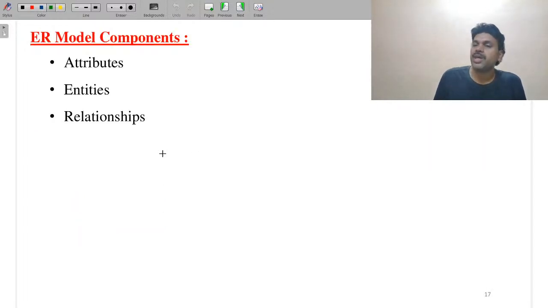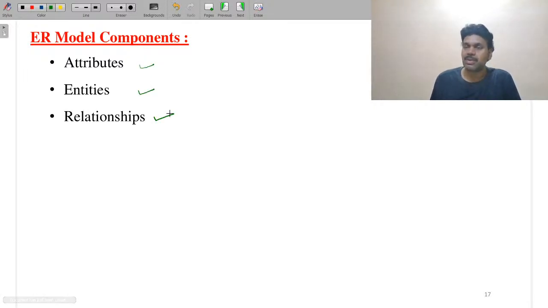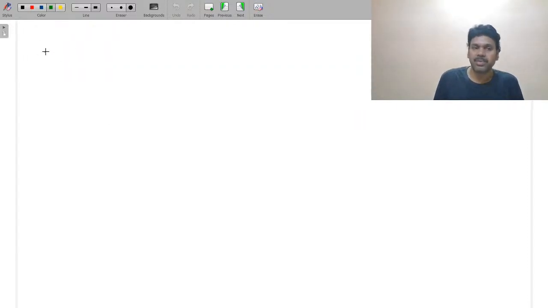So now we come to the exact point. What are the components of the ER model? When you talk about the components of the ER model, there are three very important components: attributes, entities, and relationships. What are attributes?